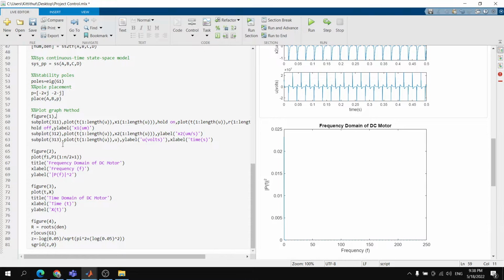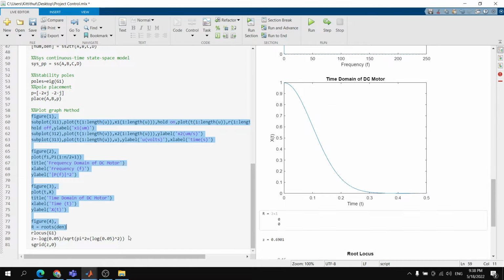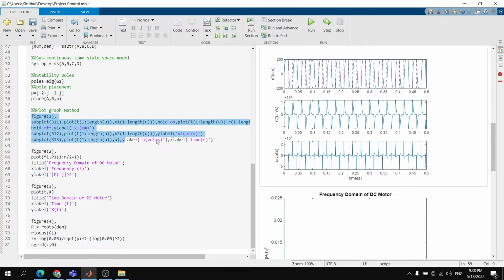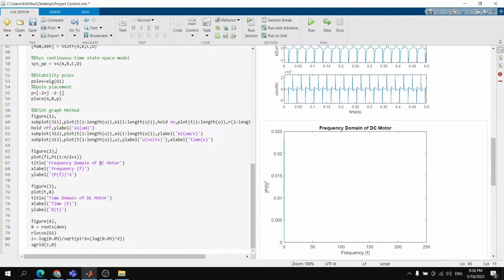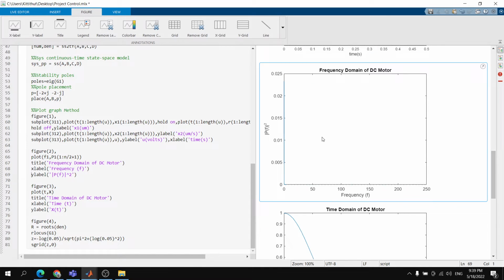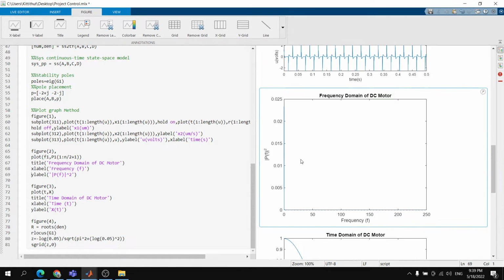And next is the section of the plot graph method, and figure 1 and this graph shows the x1, x2 and u voltage graphs, and figure 2 is a result of the frequency domain of a DC motor, and I zoom out of the graph.